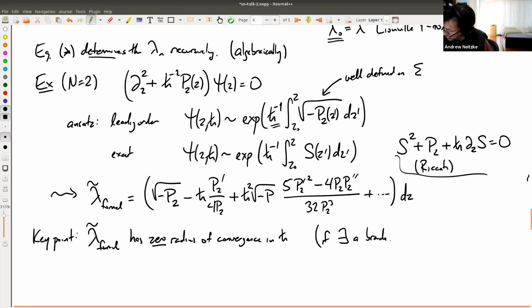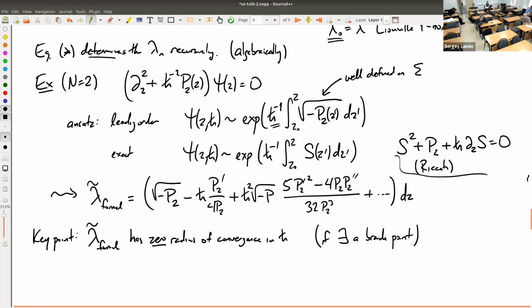So in all but the most trivial examples, this lambda twiddle formal has 0 radius of convergence. And this is true for any z? P2 depends on z. That's right. And I'm saying no matter what value of z you're at, this thing will have 0 radius of convergence.